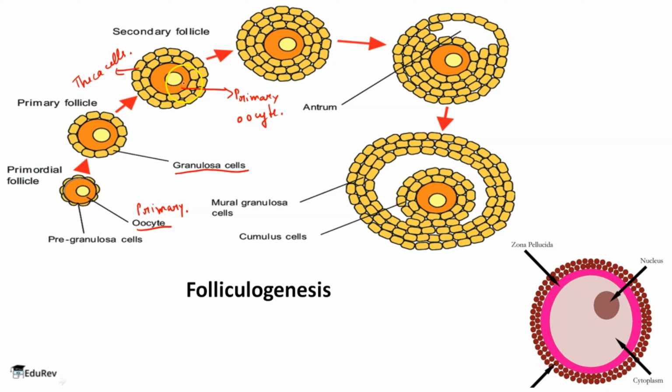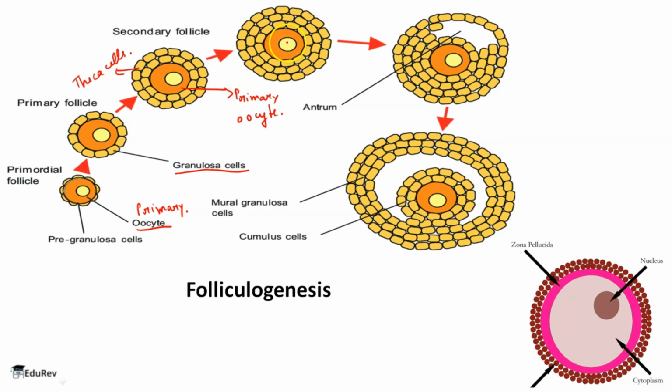Now the secondary follicle will grow, and the next follicle formed is our tertiary follicle. This is the process of the tertiary follicle, which matures again to form the Graafian follicle at the end. But let's talk about the tertiary follicle first. In the tertiary follicle, the primary oocyte will form the secondary oocyte.